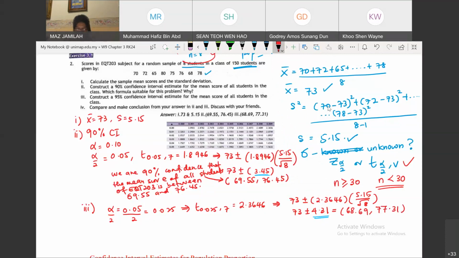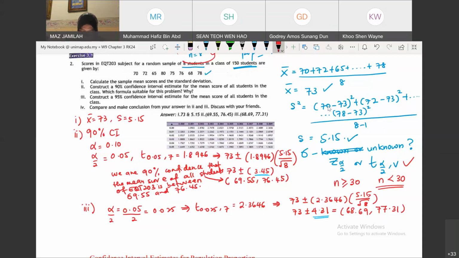So we are 95% confident that the mean score of all students of EQT 203 is between 68.96 and 77.31. Now compare and make a conclusion from your answers in 2 and 3.